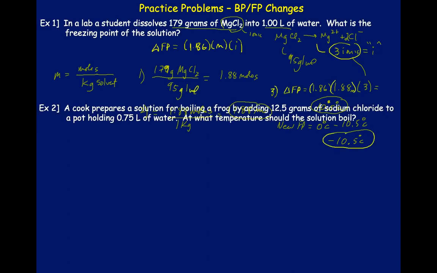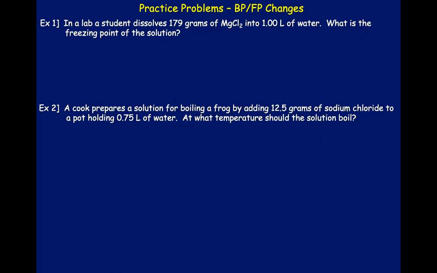If I go to the next 2 questions and erase this for now, you can always go back and check it. The answer to this question, if you round, will be 100.3 degrees Celsius.